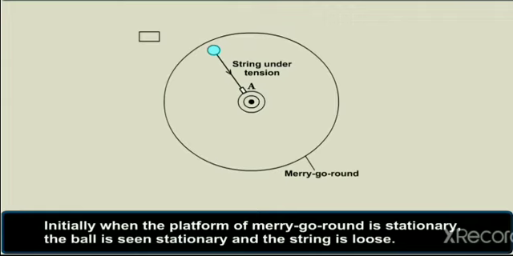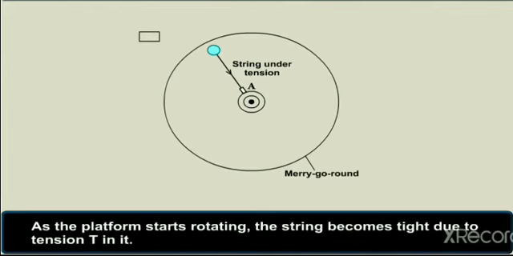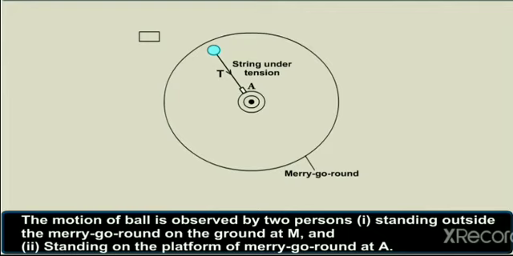Initially, when the platform of merry-go-round is stationary, the ball is seen stationary and the string is loose. As the platform starts rotating, the string becomes tight due to tension T in it. The motion of ball is observed by two persons.